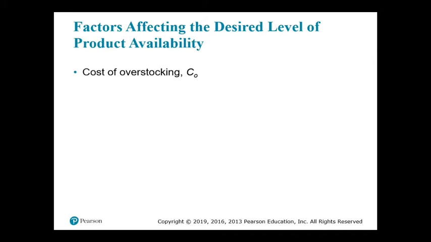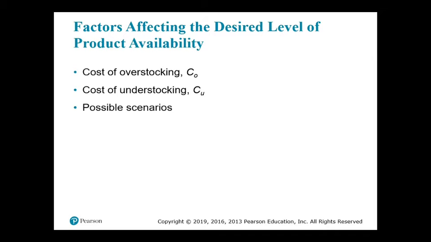If we order too much, it's going to cost us somewhat because we have to discount the product at the end of the selling season. If an understock occurs, then we cannot capture the revenue we could have captured by ordering more. So there is also a cost associated with that, and we call it CU, the cost of understocking.